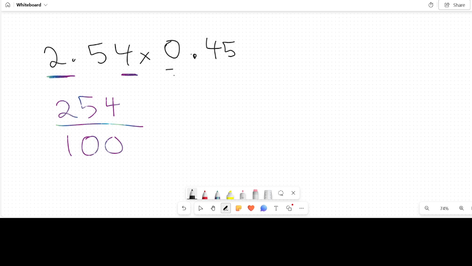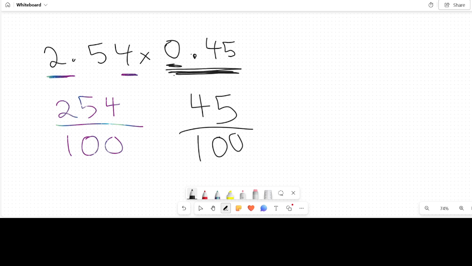Now, my next step, 45 hundredths. I have nothing in my ones place, so I'm going to rewrite my number as a fraction, 45 hundredths. Now, I'm going to multiply out my numerator.